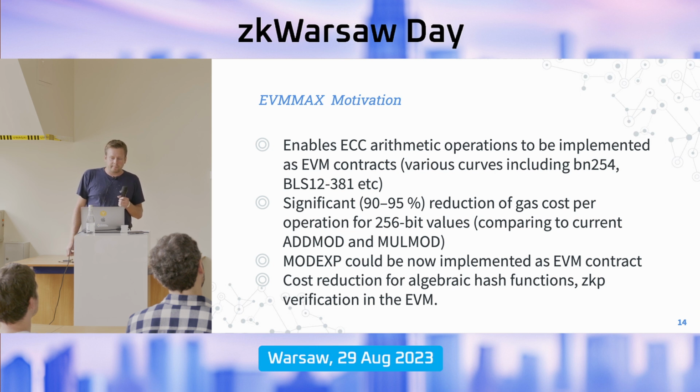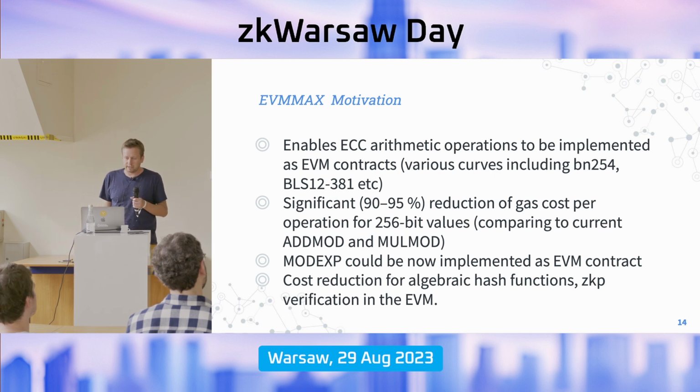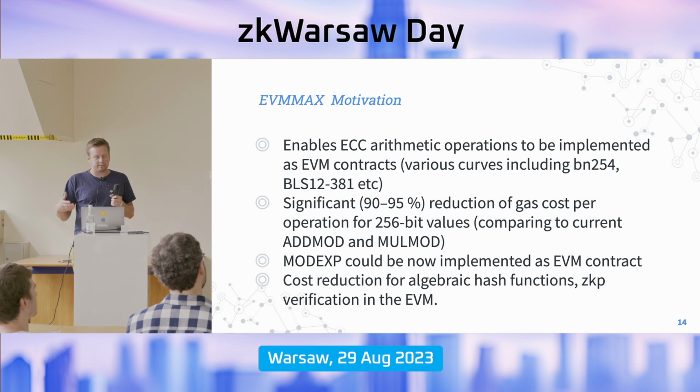And last but not least, we will reduce the gas cost of cryptographic hash function computations and ZK proof verification, which should be of interest especially in this group. The reason is exactly the same: the cost of addmod and mulmod operations is too big to implement this functionality in the current EVM.